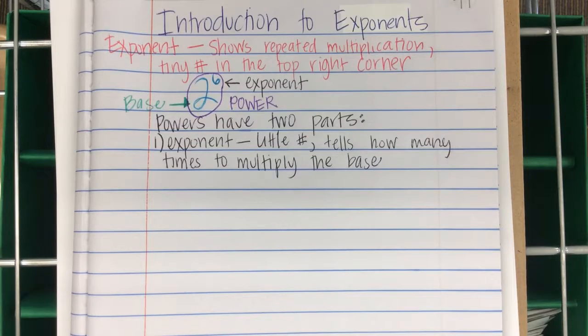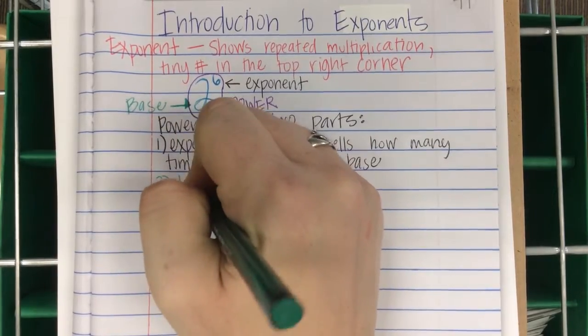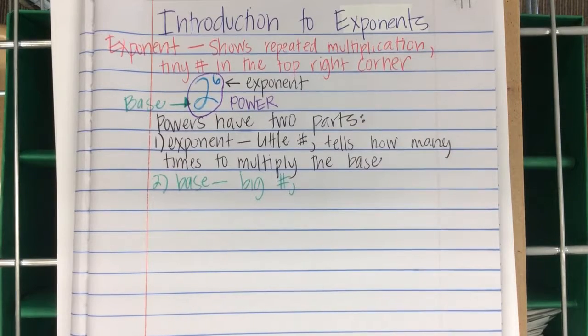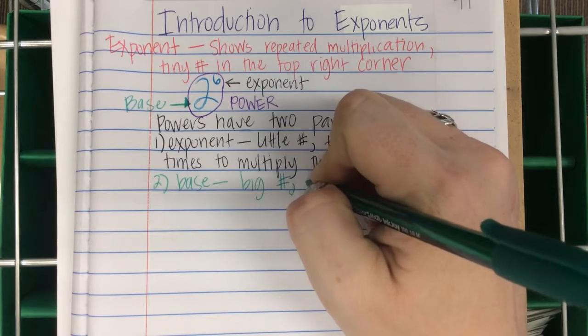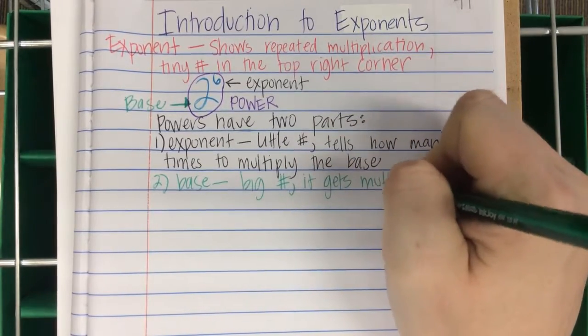2 to the 6th power, or 2 to the power of 6, says that I'm going to take the number 2 and multiply it 6 times. And the base is the big number. The base is the number that we're going to multiply. It gets multiplied.